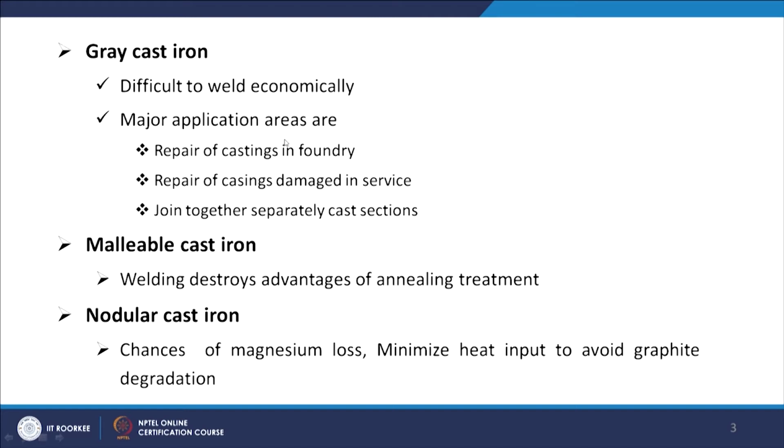Many times, especially in the area of foundry, you have to repair casting damage, and you have to join together many cast sections. So this way their use will be there, and they are a very important element among the varieties of cast iron.